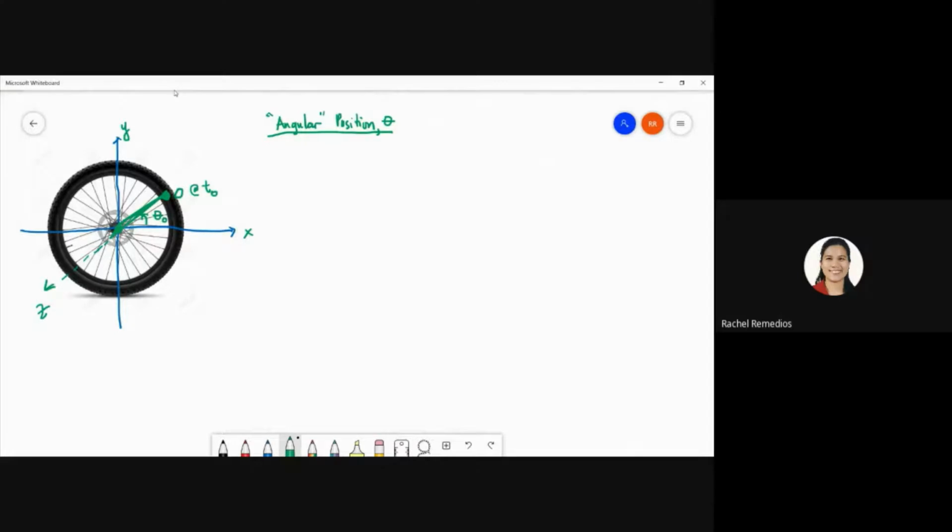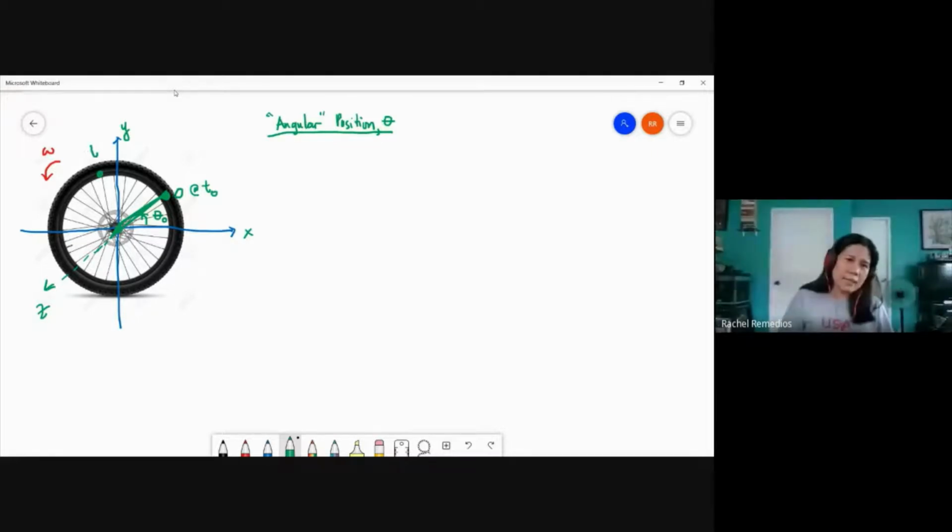Let's say our wheel rotates counterclockwise. That's the angular velocity, which we will discuss later. After some time, point O, which was here before, is now here, at a later time T. This is still point O. The reference is the positive X, and then we go counterclockwise.